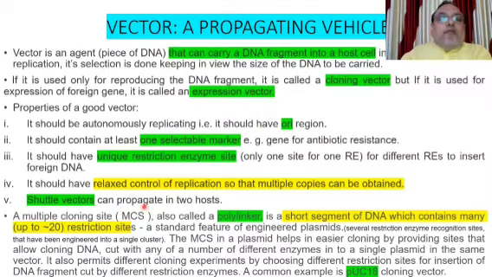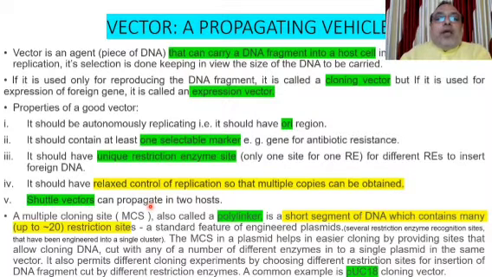Then there is a shuttle vector. This vector can be expressed in different media. Say, for example, there is a shuttle vector which could be expressed in E. coli as well as yeast. So this vector has the ori site of E. coli.